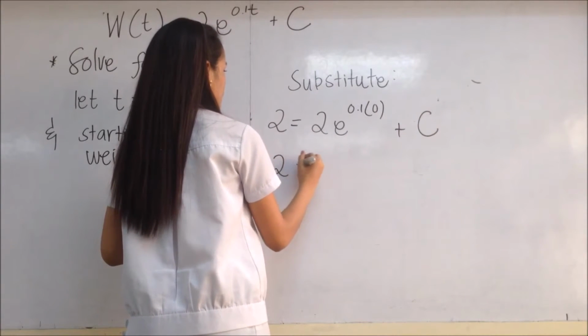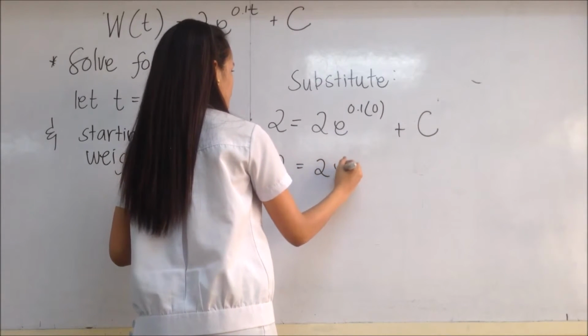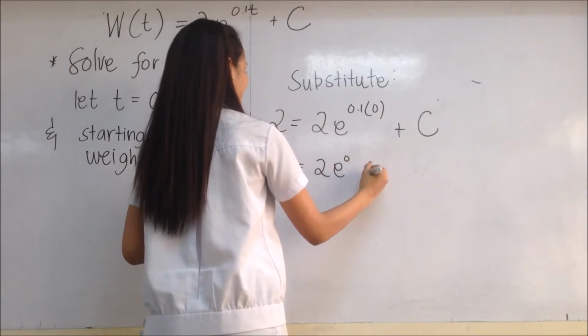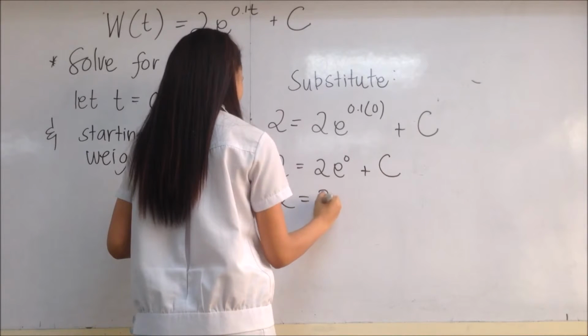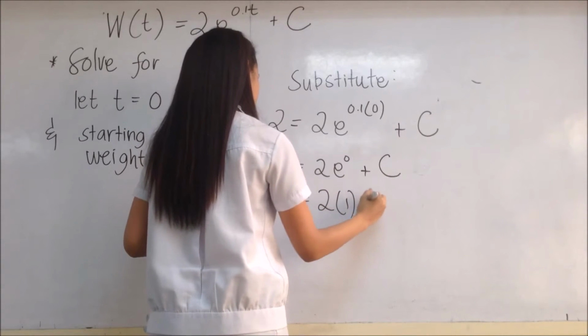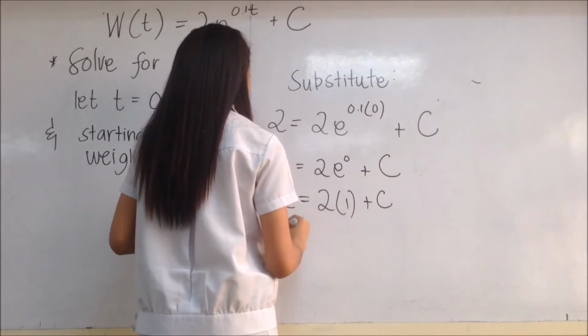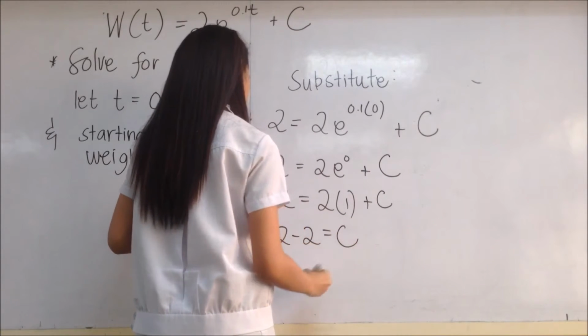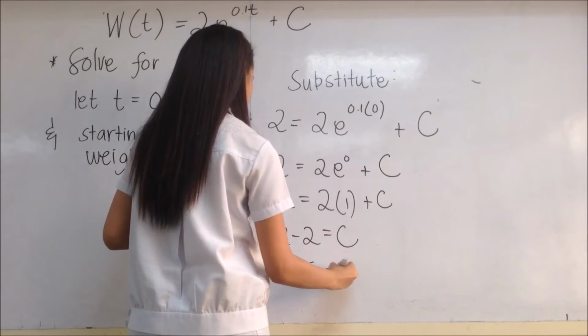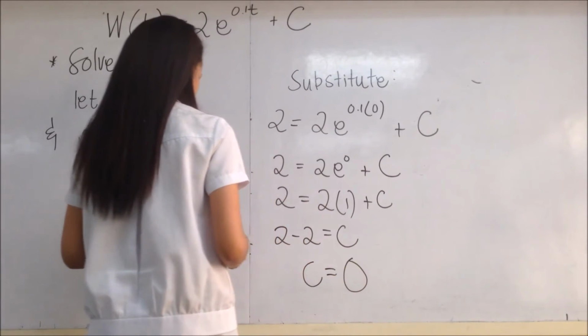We only have to simplify. So we have 2 is equal to 2e raised to 0 plus c. And then 2 is equal to 2 times 1 plus c. And by APE, we subtract both sides by 2. We'll have now the value of c, which is equal to 0.